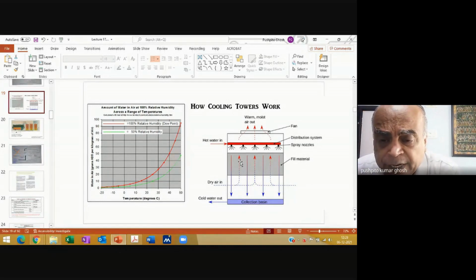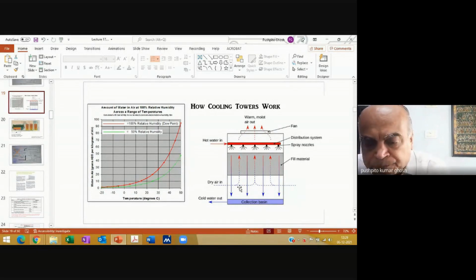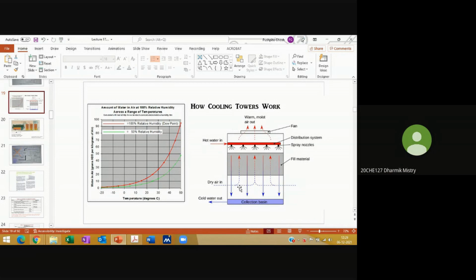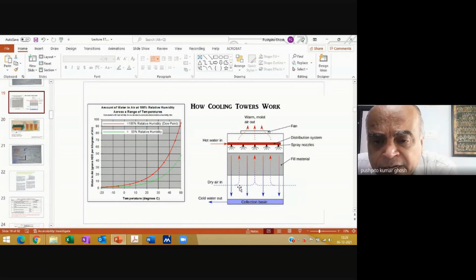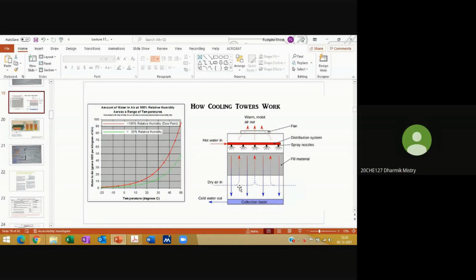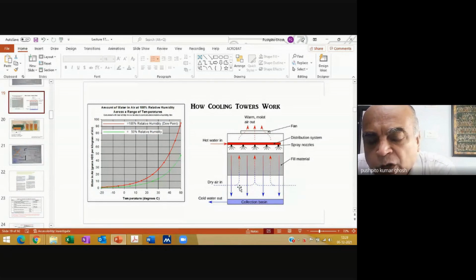What will happen when I pass this dry air and I've got hot water coming from the top? The water will cool and air will get heated up. Wonderful. Why will the air get heated up and why will the water get cooled? Because air is at a lower temperature than water. But what do you think is the heat capacity of air? It would be very low, right? Normal dry air.